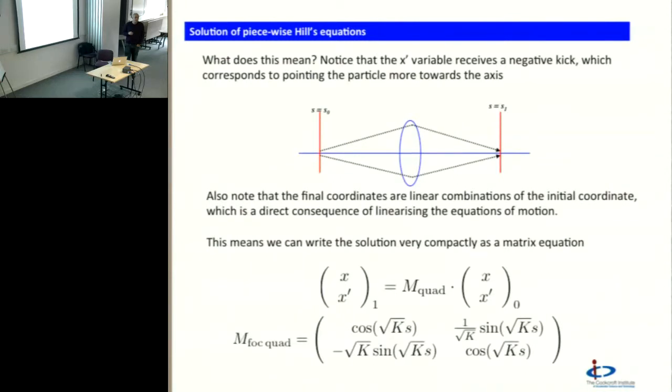So in some sense, we've really abstracted ourselves away now. We started off with complicated equations of motion, we then solved them, observed the solutions are linear, and now we have a very, very abstract form. We have some particle at naught gets hit by some matrix to give you the particle coordinates at the end of the quadrupole. So our linear equations of motion have really worked in our favour.